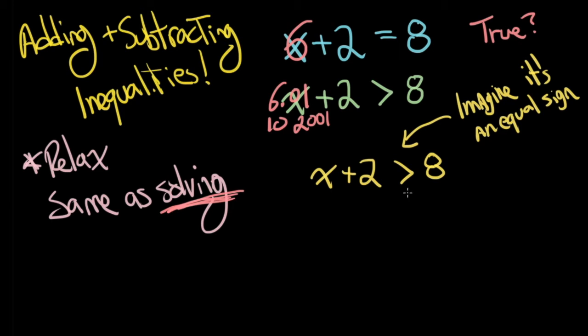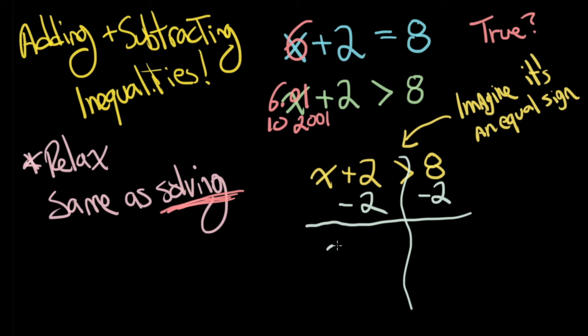Now, depending on your style, you may want to do the two sides thing. We want to get x all by itself, so I'm just going to subtract 2 from both sides. And there we get the answer. x is now greater than 6.